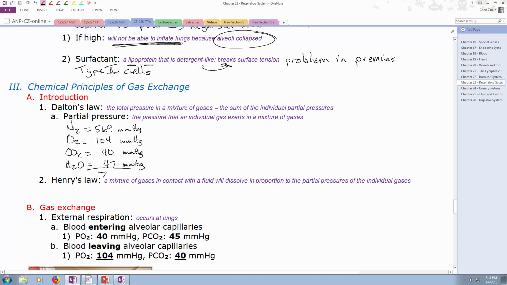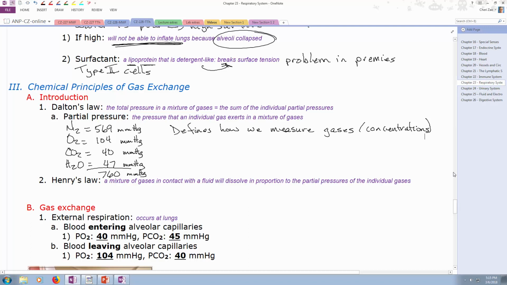They all add up to 760 millimeters of mercury. So Dalton's law defines how we measure gases, or their concentrations. So it's the pressure they exert on whatever space they're occupying.